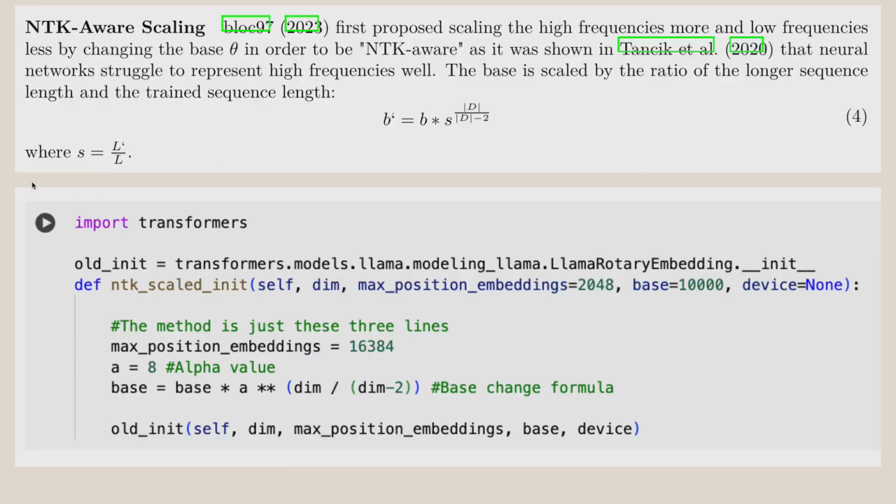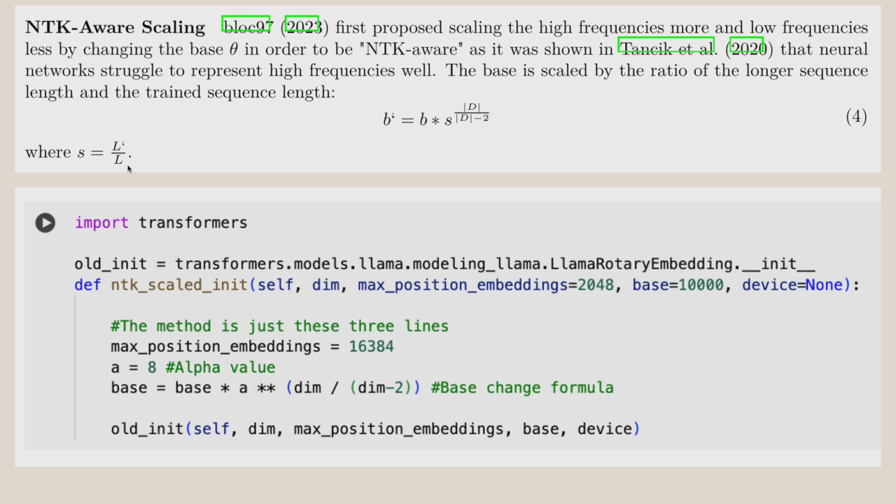So this was really interesting. There was actually a Reddit post that they have linked at the end of the technical report, where this Block 97 user has done this analysis on modifying the llama rope class with a few lines of code. And the main idea here is that you're trying to run inference on some longer sequence length L prime, and L is the original sequence length.